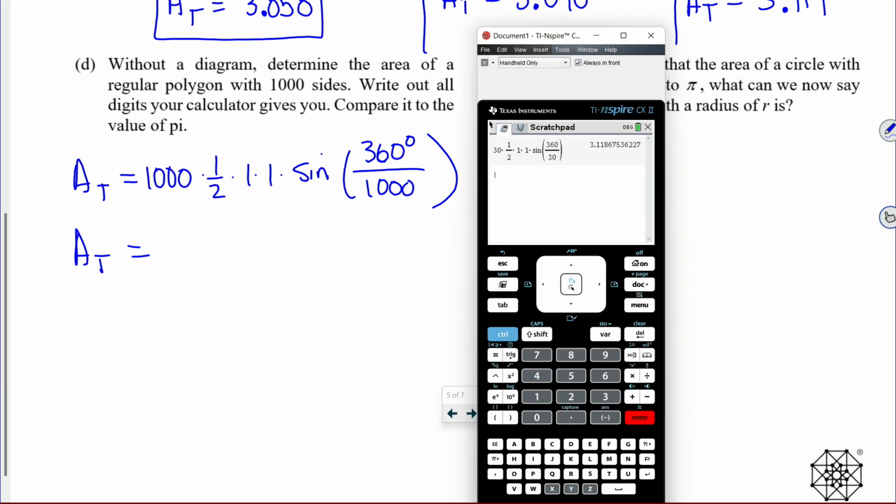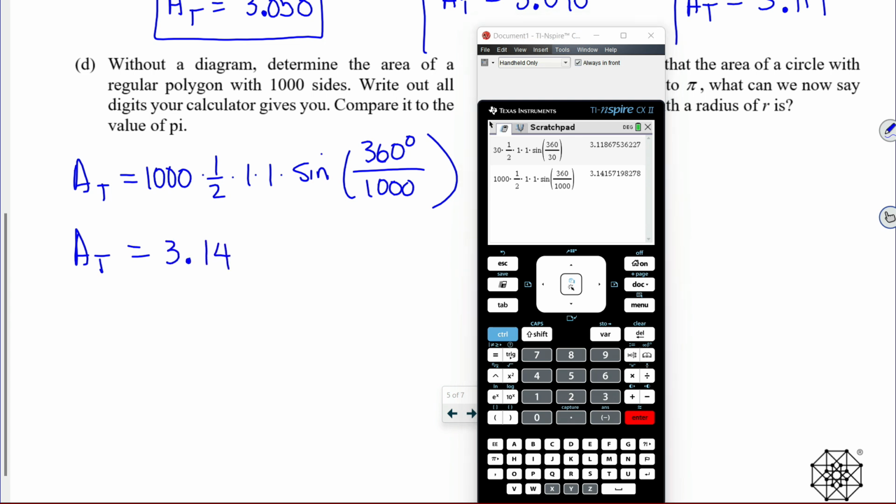And now that is going to be 1,000 times 1/2 times 1 times 1 times the sine of 360 divided by 1,000.